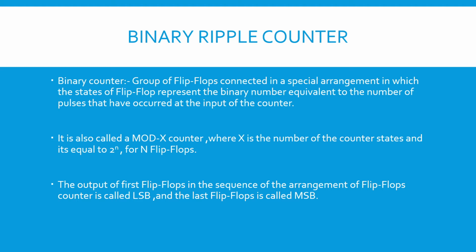The output of the first flip flop in the sequence is called LSB, which is the least significant bit, and the last flip flop is called MSB, which means the output of the last flip flop will be our most significant bit in the binary number representation, and the output of the first flip flop will be the least significant bit.